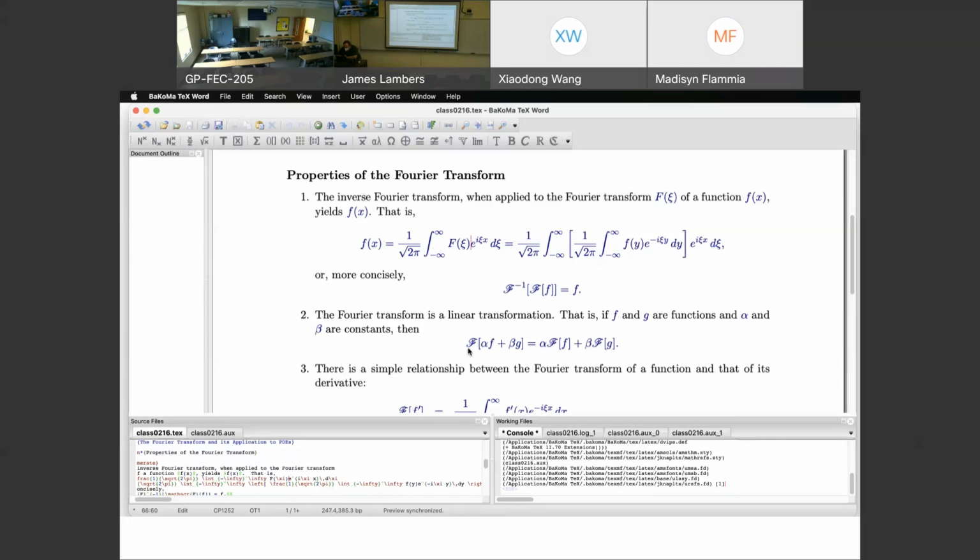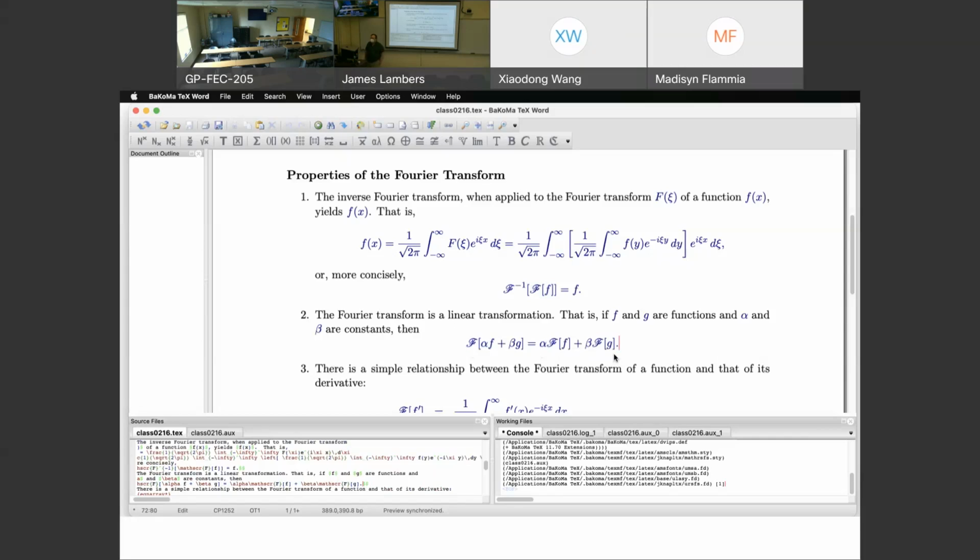And all of that is encapsulated in this statement right here, that the Fourier transform of a linear combination of functions f and g, where alpha and beta are the coefficients of the linear combination, is the same linear combination of the Fourier transforms of f and g individually. So a practical consequence of that when solving PDEs is, suppose your initial data is a sum of functions, you can transform them individually and add the transforms together.